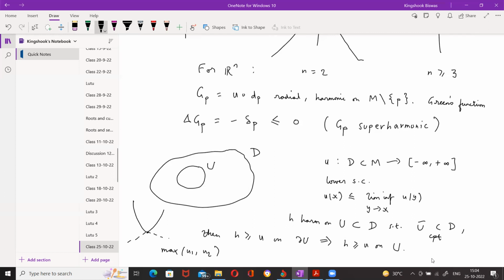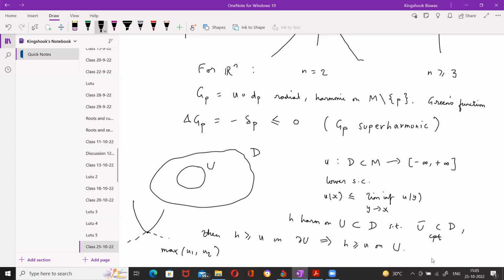According to this definition, I think it is also equivalent to saying that if you're subharmonic in this sense, it is true that the distributional Laplacian is actually a measure, and it is a positive measure. But I have to look it up. I don't know the proof of that.